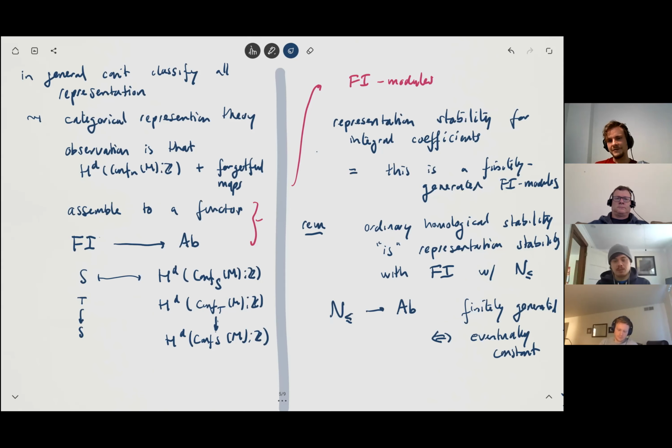So in some sense, ordinary homological stability is representation stability with this very degenerate category you're working with. It's like working with Z[x]-modules.